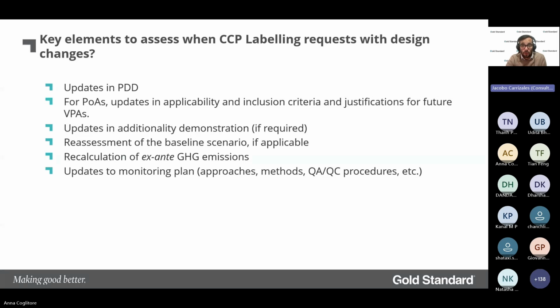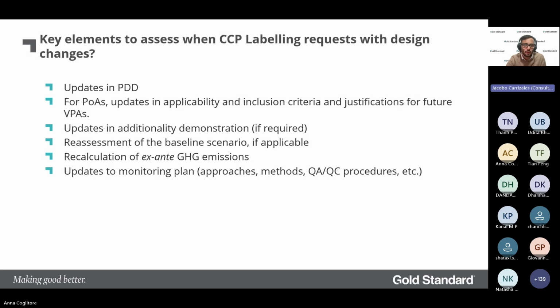Of course, for program of activities or voluntary program of activities, every update on the applicability conditions of the methodology has to be also updated. And of course, for new VPAs, all criteria involved, if necessary, has to change.